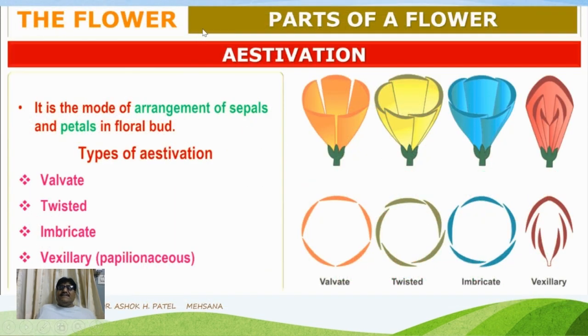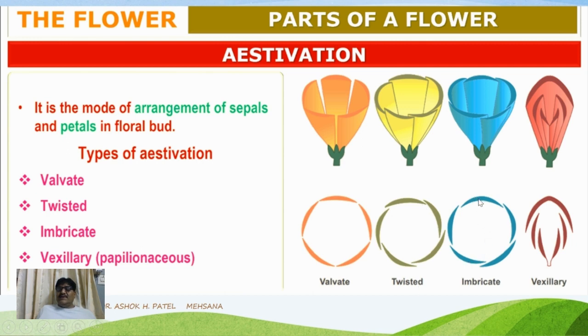Especially the aestivation of the flower parts is divided into various types: valvate, twisted, imbricate, and vexillary. Here, in valvate, each and every flower part is joined with the others. And here you see one part on the outer side, another part on the inner side. It means twisted.